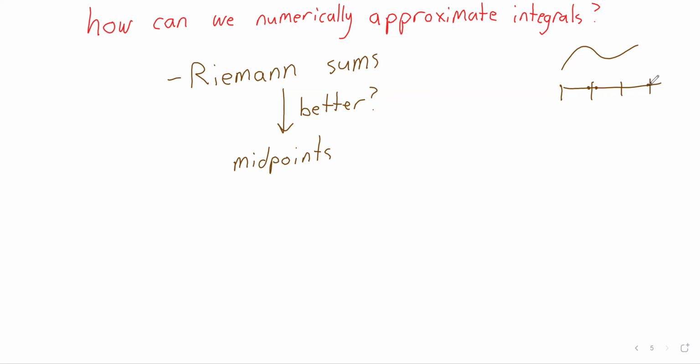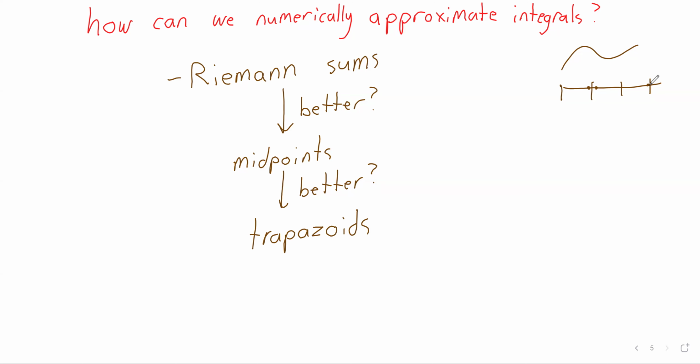And then we ask, well, how can we make this even better? And then we abandon rectangles and we go to trapezoids.